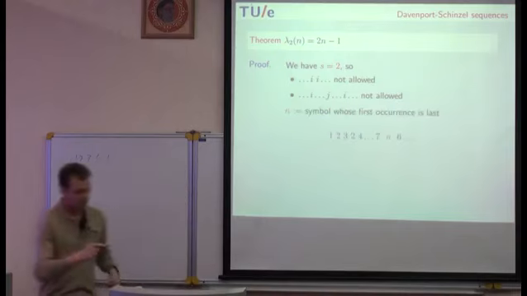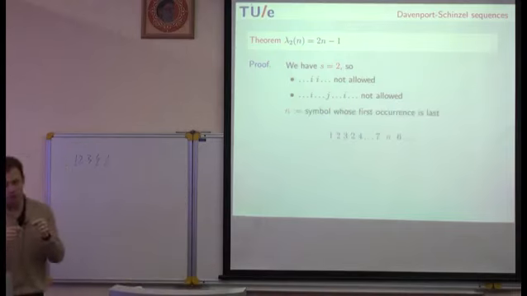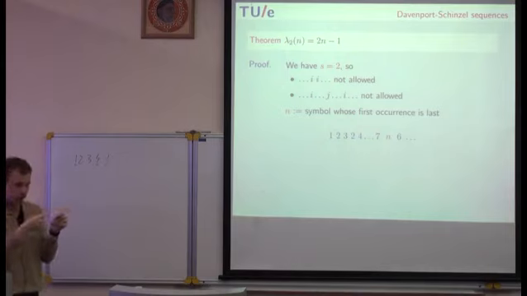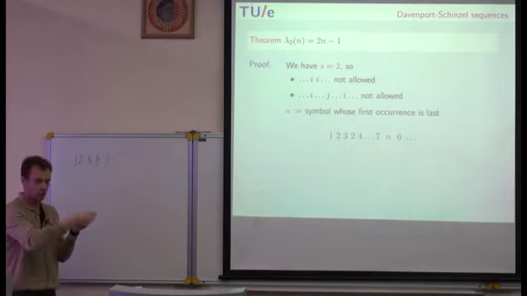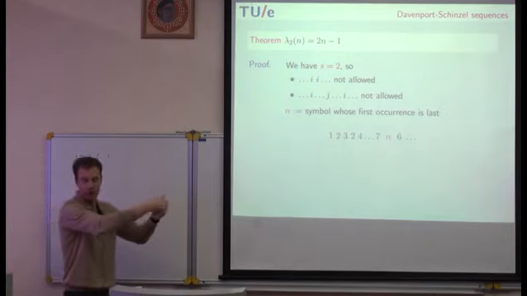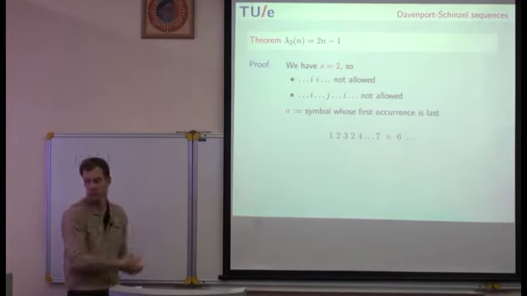Let me simply number the symbols in the order in which they appear. The first one is 1, then 2, and then maybe I have 1 again, but as soon as I have a new symbol, I call it 3, and then if I have another new symbol, I name it 4.